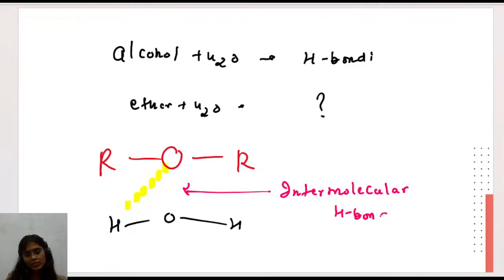So just because of this, although boiling point wise alcohol has the maximum boiling point, if you are comparing the solubility, alcohol and ether have almost similar solubility. I'm not saying the same, I'm not saying maximum or minimum, I said it is almost similar. Let's compare the data.